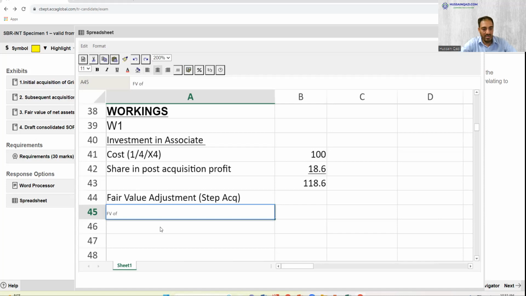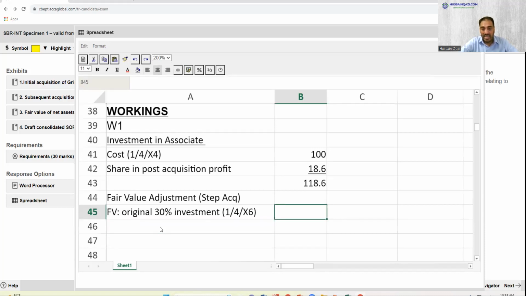So fair value of original 30% investment at the date 1st April X6, that's about 127.